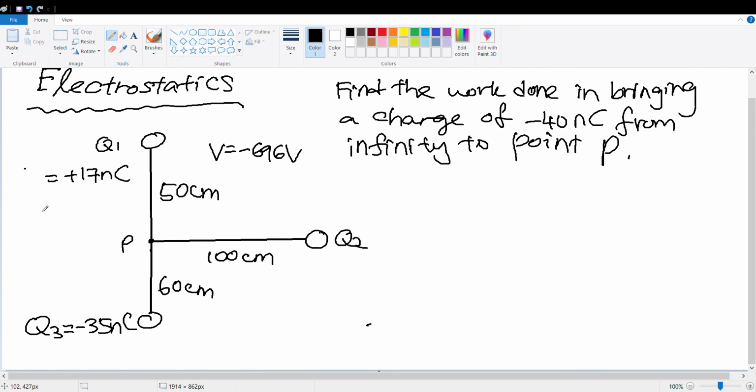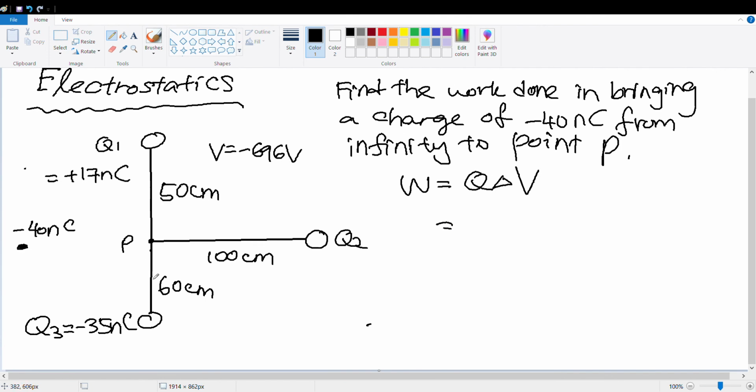So let's say this negative 40 nanocoulomb is brought from infinity to point P. What we need to do is find out the work done. The work done is Q multiplied by the potential difference.